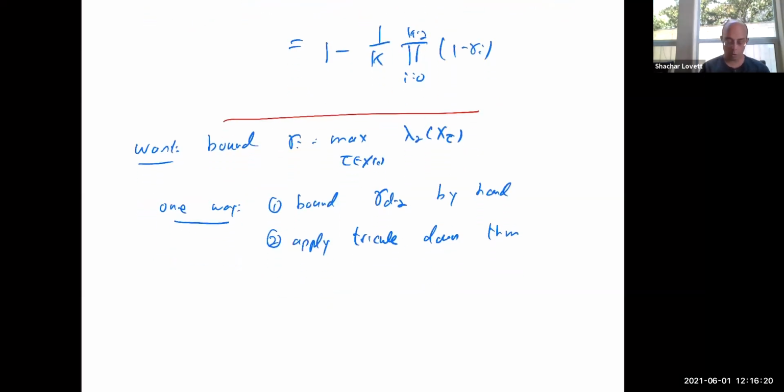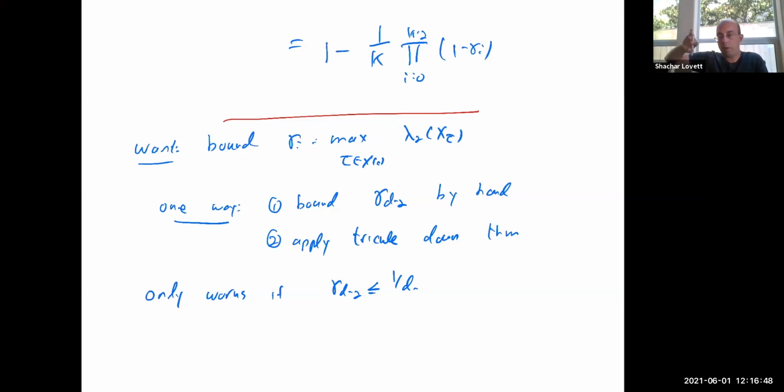But this only works if, when we go down, we get a non-trivial bound. This only works if gamma d minus 2 is at most 1 over d. It doesn't work if it's more than that. You get a trivial bound for the 0 complex, and you cannot apply this at all. Even if one of the gammas equals 1, this will give you a trivial bound of 1. You get nothing.